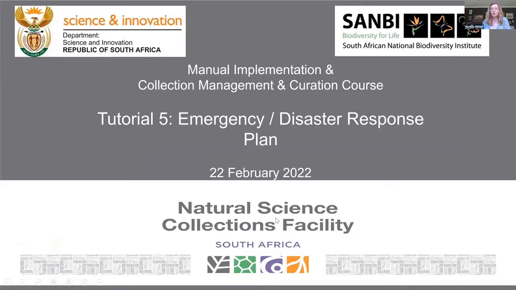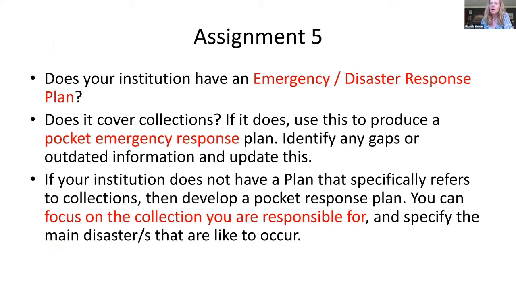Okay. So this is the emergency disaster response plan for this tutorial, assignment 5. For this assignment, we asked, does your institution have an emergency or disaster response plan? I think most organizations will have something, but it might not cover collections.